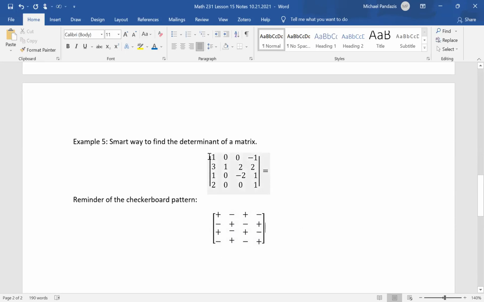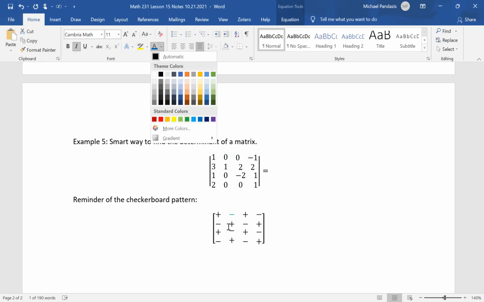This is saying that the cofactor of an entry is either the same as the minor of that entry, or the negative of the minor of that entry. The minor of an entry is the determinant of the submatrix. Here we're going to take the cofactor expansion along the second column, which I'm going to denote by green.